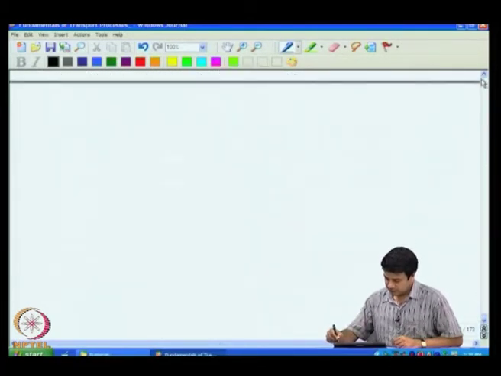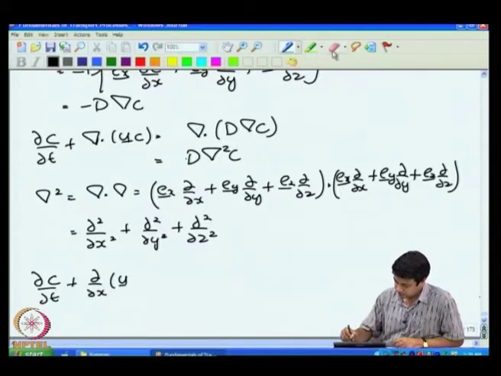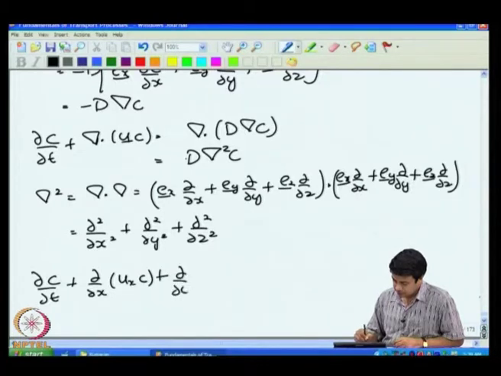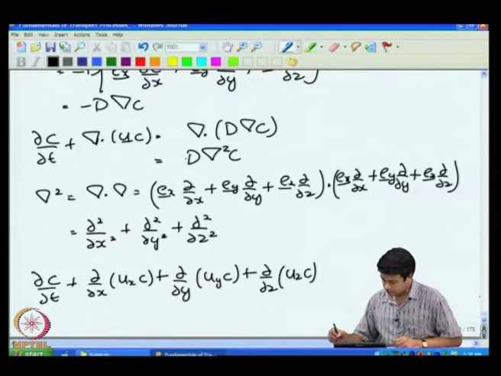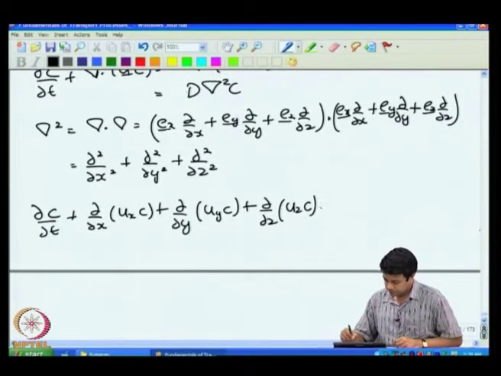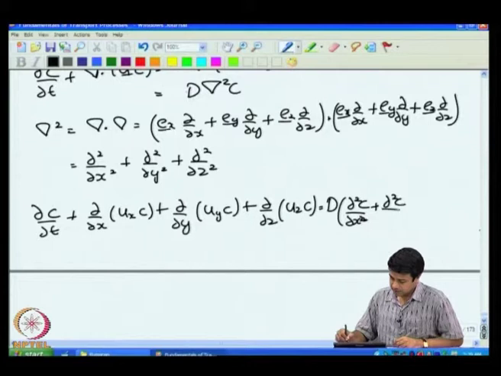So, therefore, my final mass conservation equation can be written as dc by dt plus d by dx of uxc plus d by dy of uyc. This will be equal to D into d square c by dx square plus d square c by dy square.